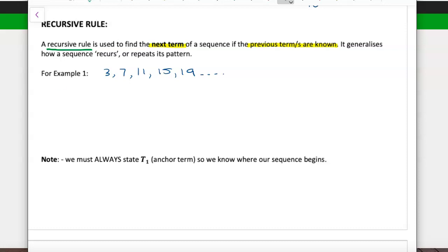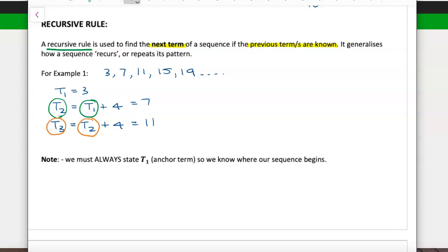To get from term 1 to term 2, we simply took term 1 and added 4, and that's how we got 7. To find term 3, we simply took term 2 and added 4 to get 11. So for term 3, we're taking term 2, the previous term.